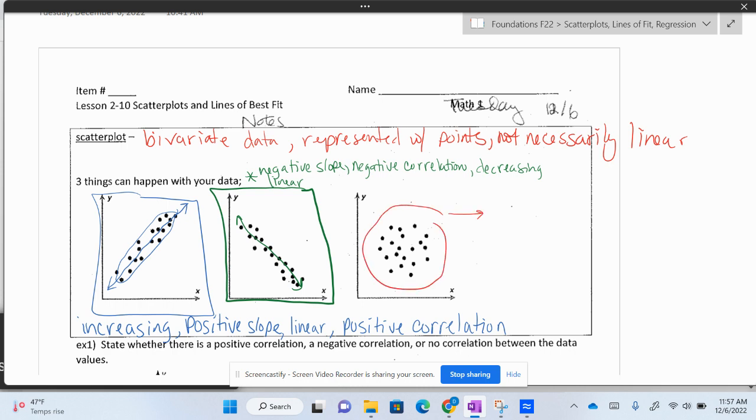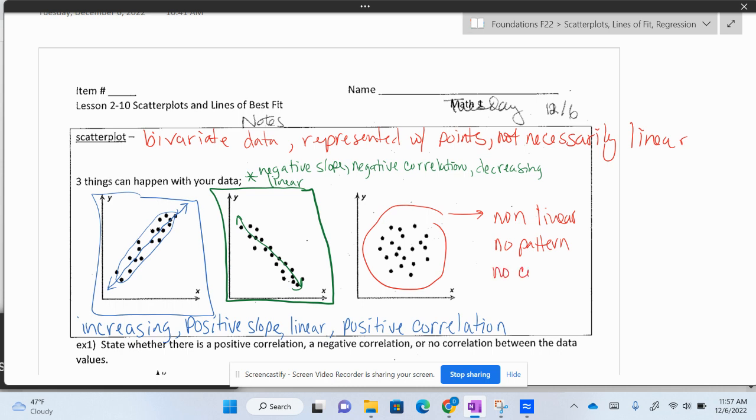Okay. Now let's look at the very last one. What are some things that you can tell me about this one? It's definitely nonlinear. What'd you say about increasing? Yeah, it's really hard to tell if it's increasing or decreasing. This has really no pattern. It's not trending upwards. It's not trending downwards. It has no pattern.